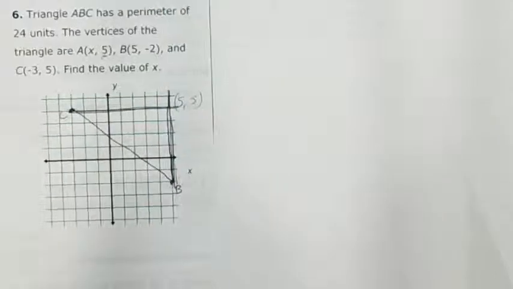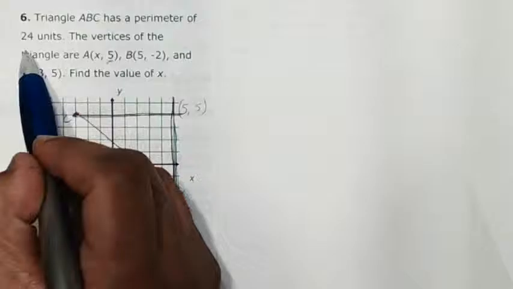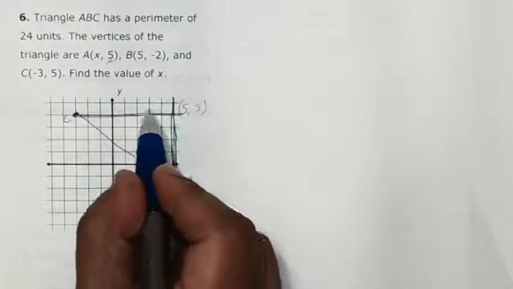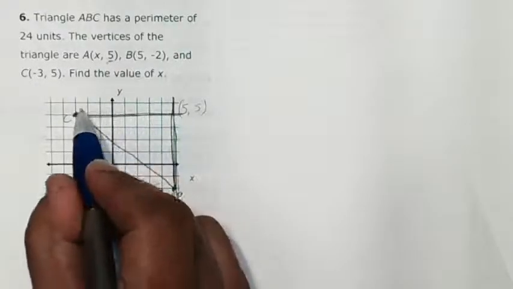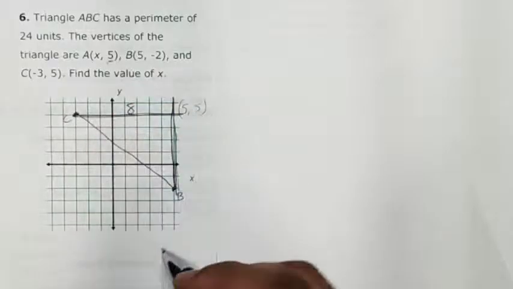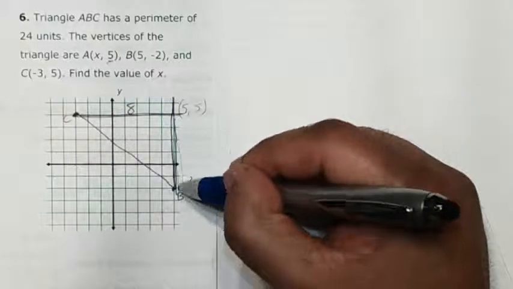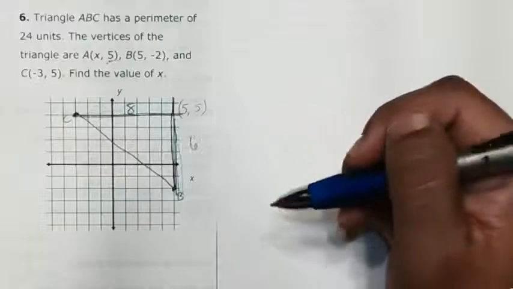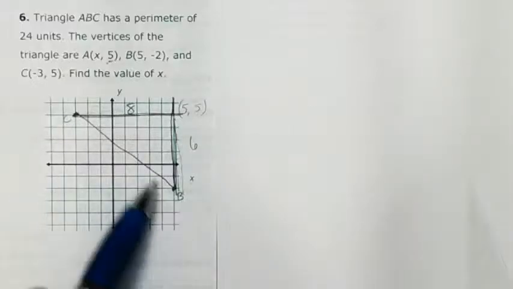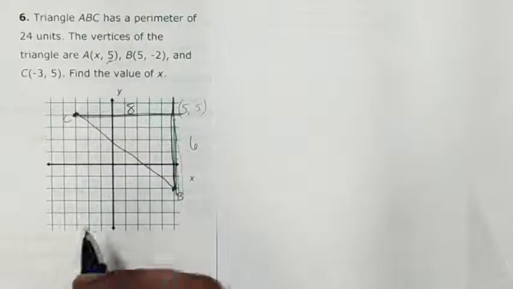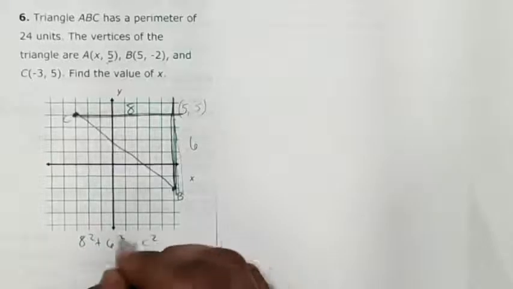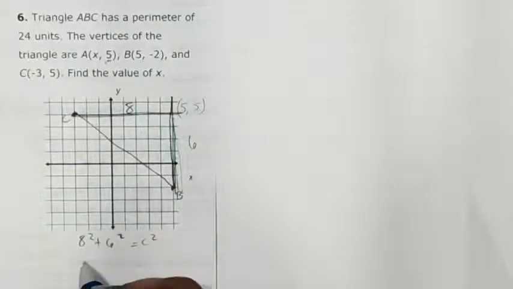Right. Now I want to test this out because it does say that the perimeter is 24. So if I count this, it gives me a length of 8. If I count this right here, I get 6. Alright, now to find this length right here, I have to use the Pythagorean theorem, which is 8 squared plus 6 squared equals c squared, my hypotenuse.